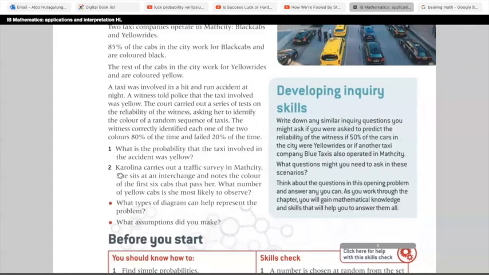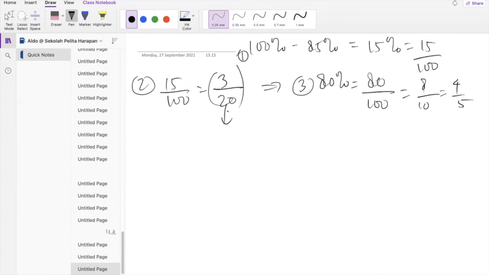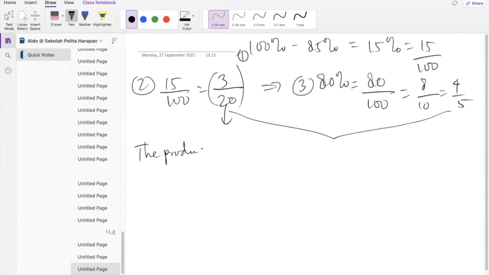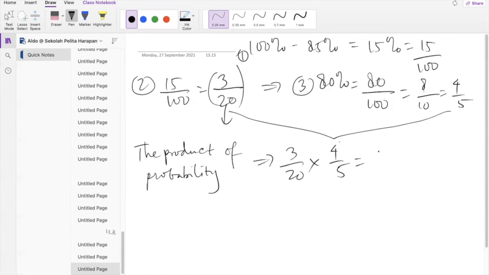So if we want to answer the probability in question number 1, it's a combination of these two. The combination is not addition but multiplication, the product of probabilities. So it's 3 over 20 times 4 over 5, which is 12 over 100. So it's only 12%.